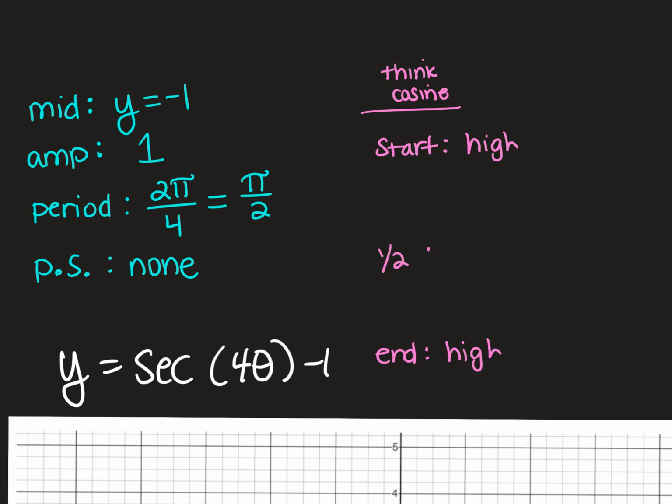Halfway through the cycle, what happens? Now I'm thinking cosine here. Good. It's at its lowest point. And then with cosine, in between the highs and the lows, we're going to be at our midline points.